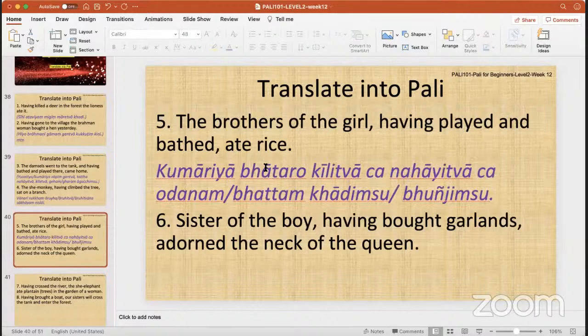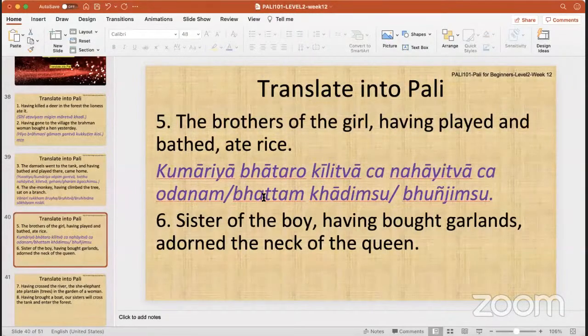When you say Bhataro, Bhataro is already in the first place, and so Bhattam is the second. Bhataro Bhattam Bhunjimsu, that is perfectly all right. But in this case, Bhataro has come first. The subject has already come first before the object.